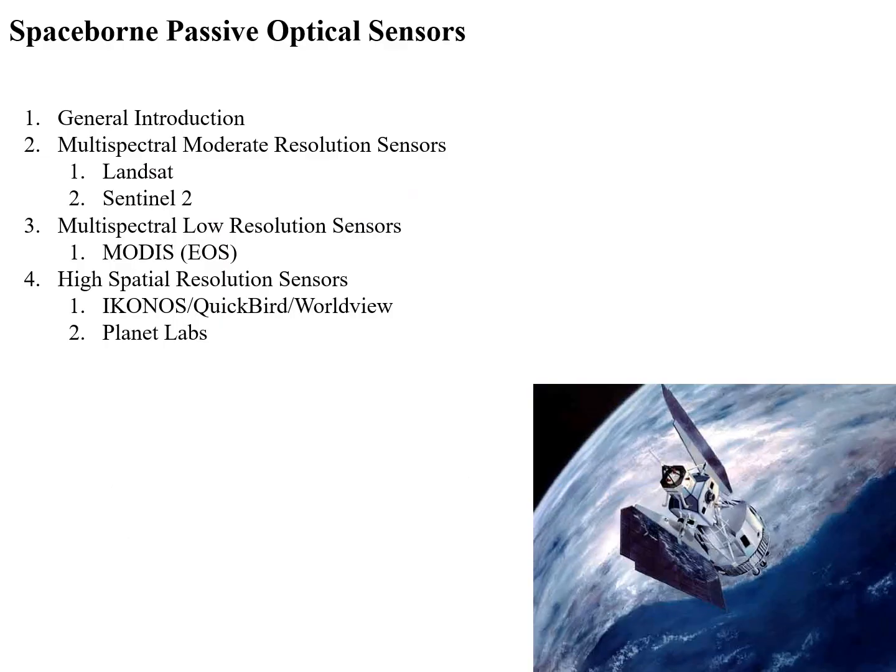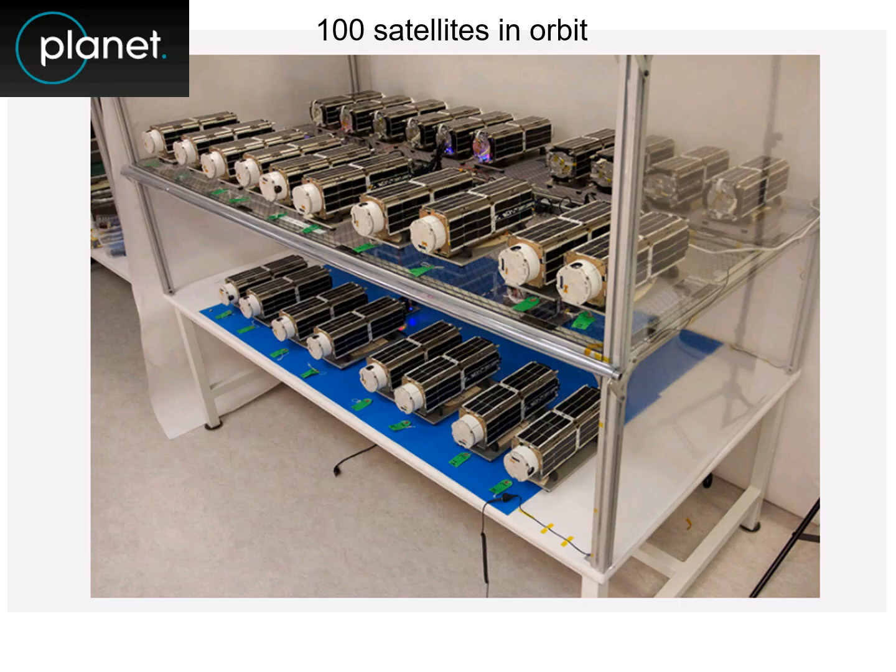Finally, I want to talk about one more high spatial resolution sensor. This is a concept that's only about 3 years old, and it's putting small satellites in orbit that by themselves don't have very high capabilities, but you put a lot of them in.